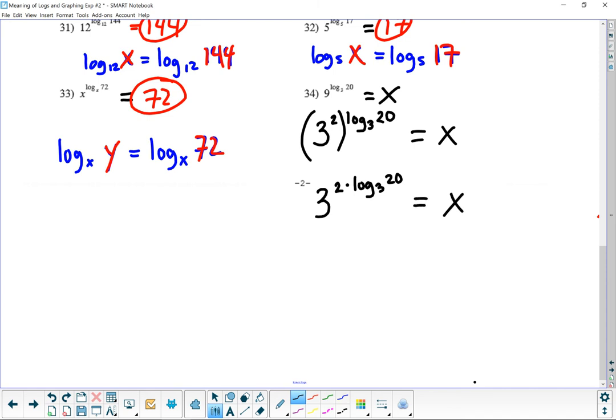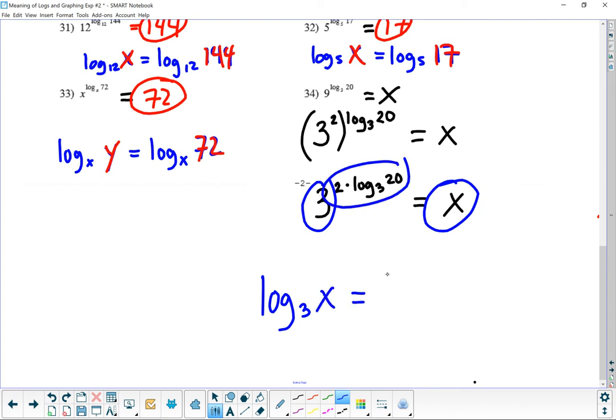And then now, since this is base 3, we're going to go ahead and do log base 3 of the equal part, of x, and that's going to equal the exponent, which is 2 times log base 3 of 20.